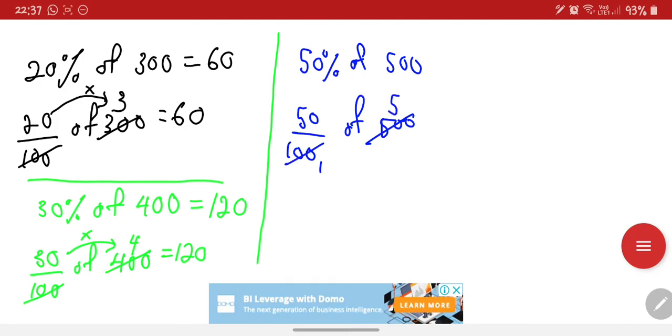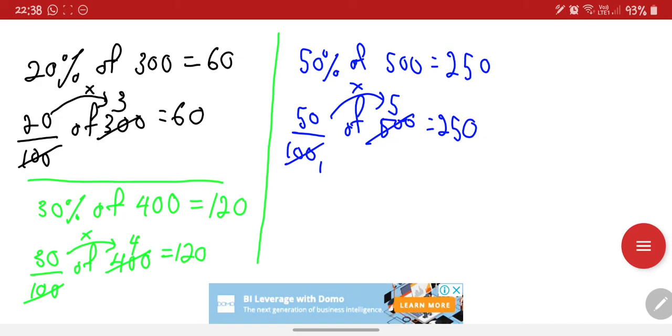So 50 times 5. So 5 times 5 is 25, and don't forget the 0. So 250. So 50% of 500 is actually 250.